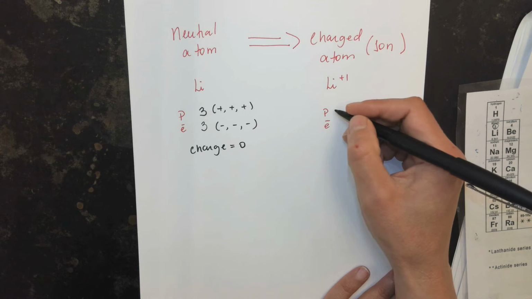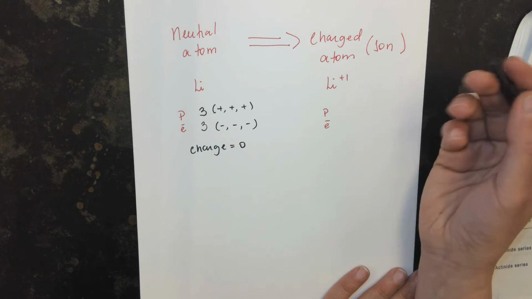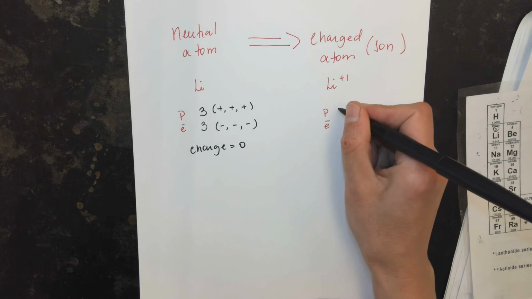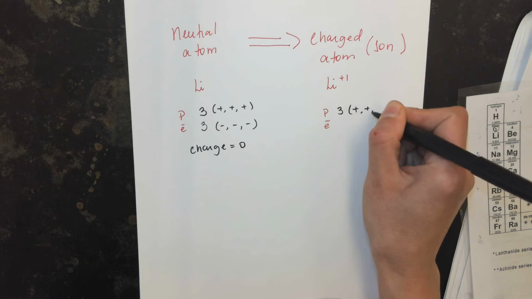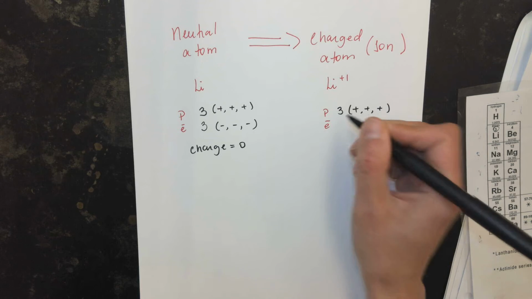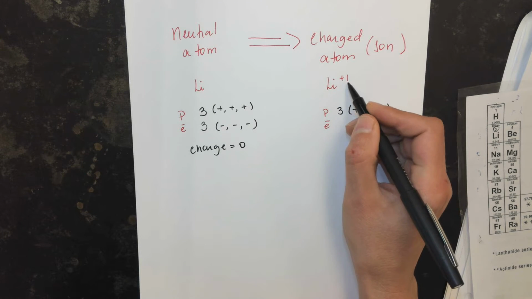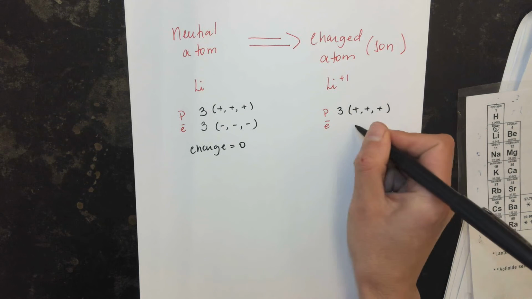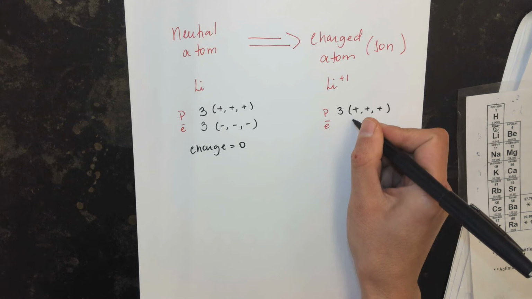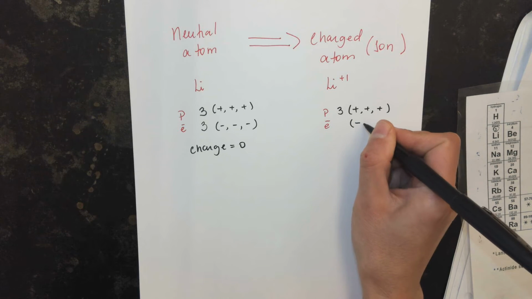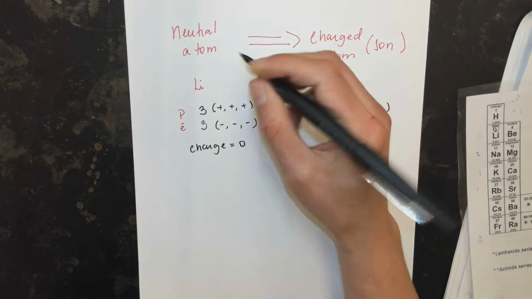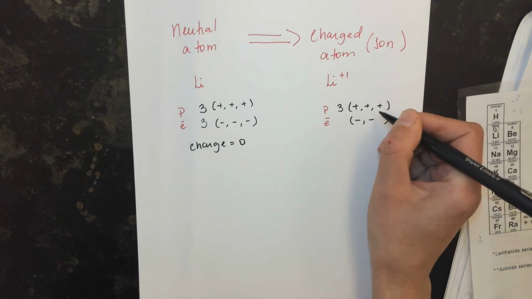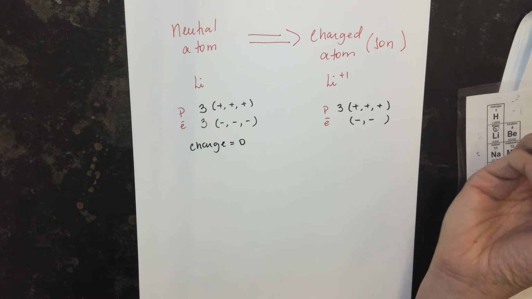When we look at lithium, this other ion, lithium ion, again we'll have 3 protons. Okay. And this says that it lost an electron. How so? Because this is what's showing. So when lithium loses an electron, so it gives an electron away, all of a sudden there's only 2 electrons left, right?